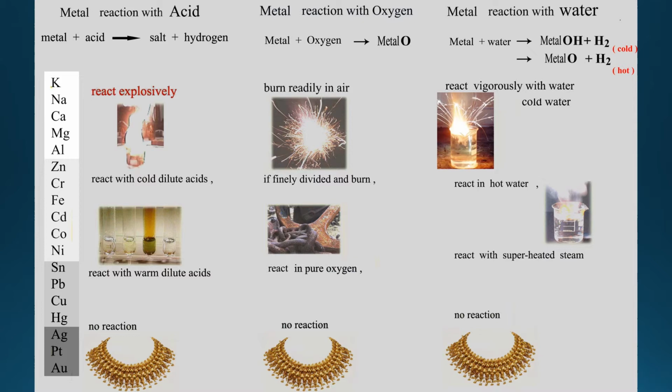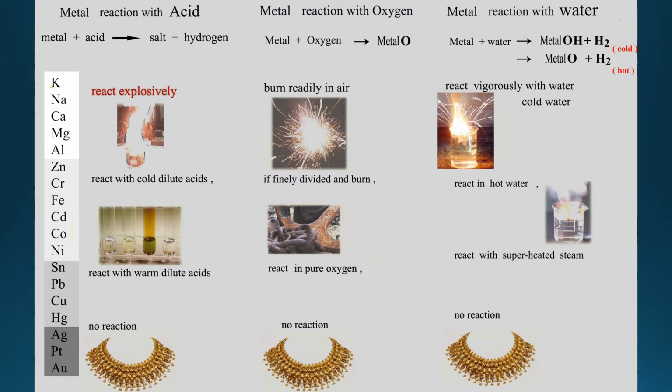According to the rule, if an acid reacts with metal, we should form a salt and hydrogen gas. The next group, if metal reacts with oxygen, it should form metal oxide. The next group, metal reacting with water, will form metal hydroxide with hydrogen gas, or metal oxide and hydrogen gas.